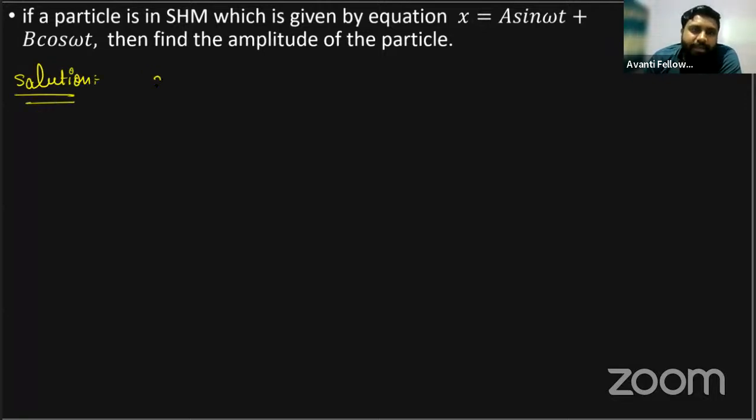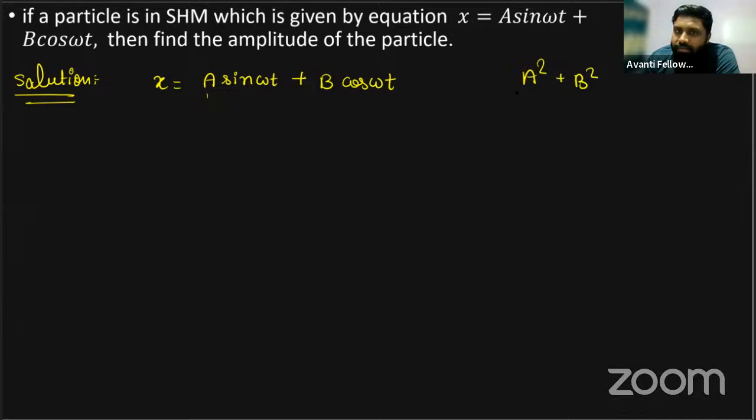Now you have x equals a sine omega t plus capital B cos omega t. I have already told you how to do this. You will just square the coefficients, a square plus b square, and now take the square root of that.